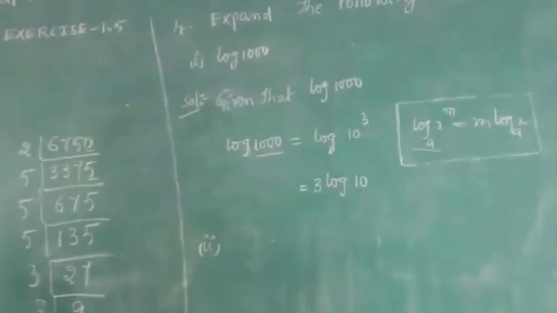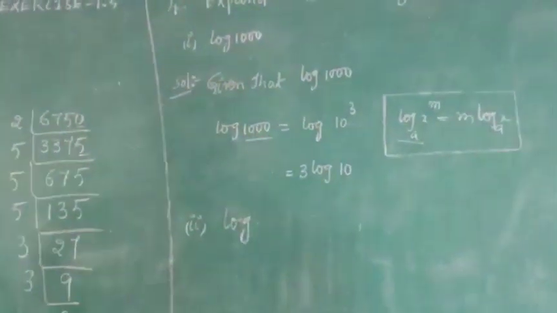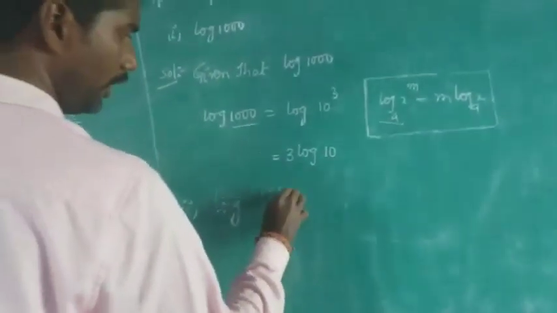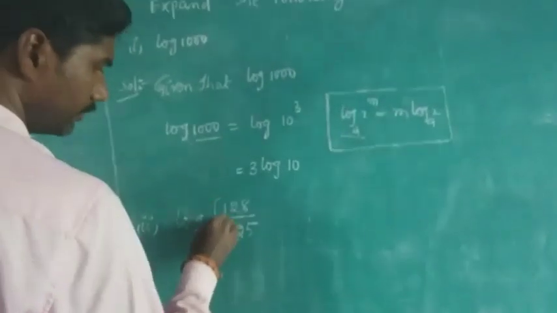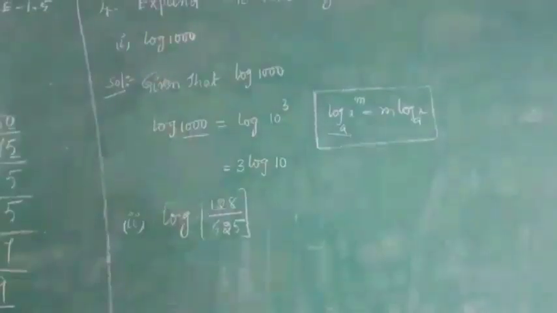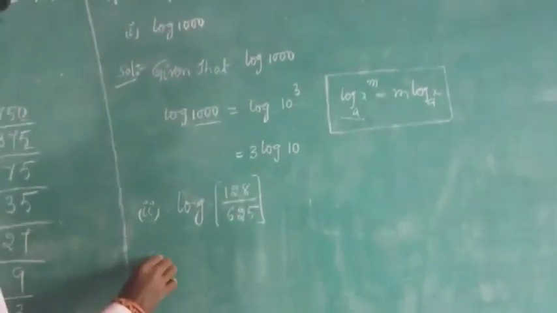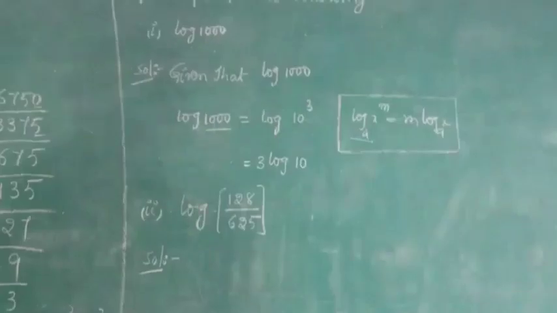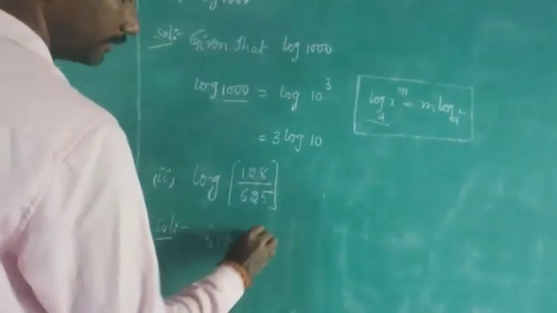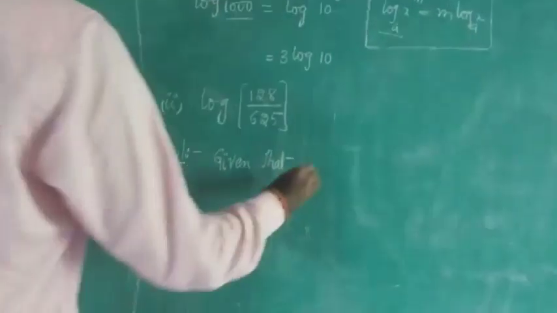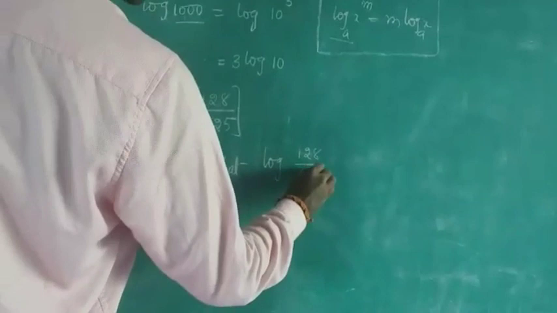Second one. What is the second one? Log 128 by 625. How can you write this one? Similarly, given log 128 by 625.